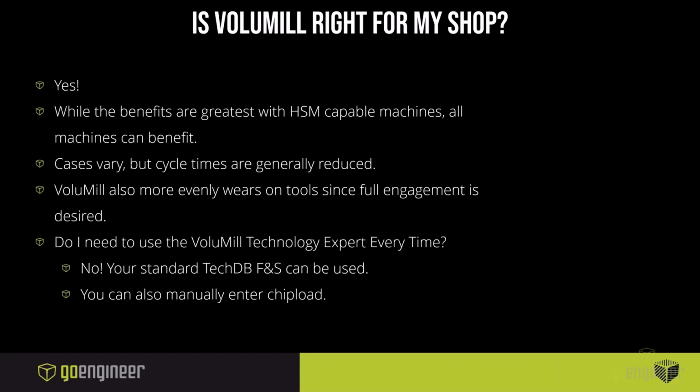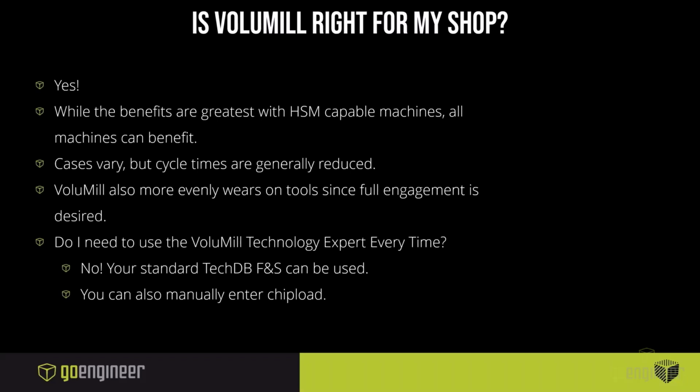However, all those other advantages, like shortening your cycle times, somewhat less extremely than HSM machines, but also improving your tool wear, all of those maintain for regular machines that aren't doing several tens of thousands of RPMs. So the machines that I primarily used VoluMill on are around 6,000 RPM at the spindle. So it fits for everything.